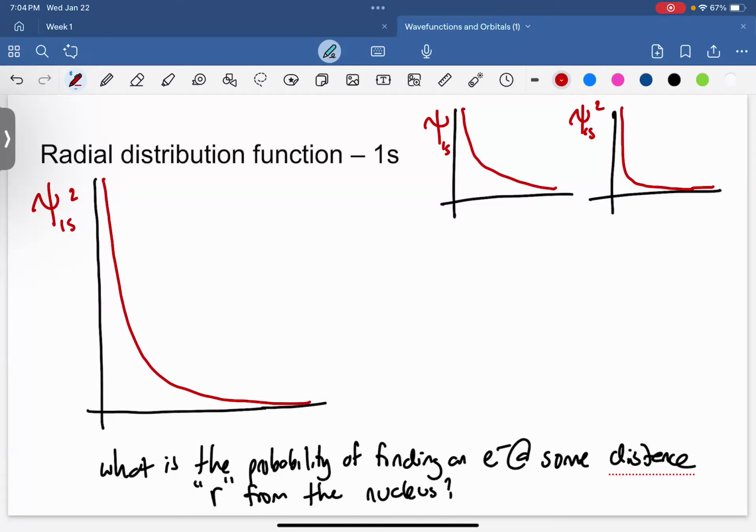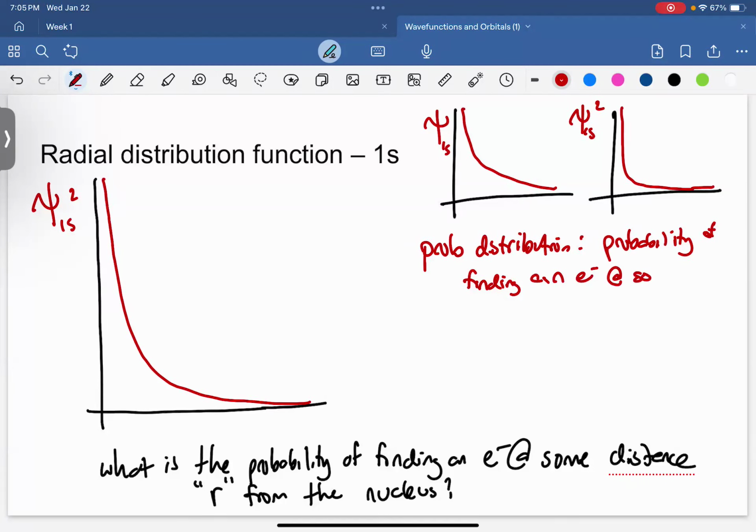Now, the probability distribution is the probability of finding an electron at some exact location, some point. So if my atom is here, and I want to say, well, what's the chance of finding an electron right here?